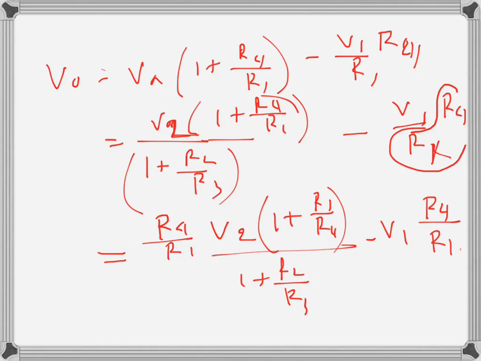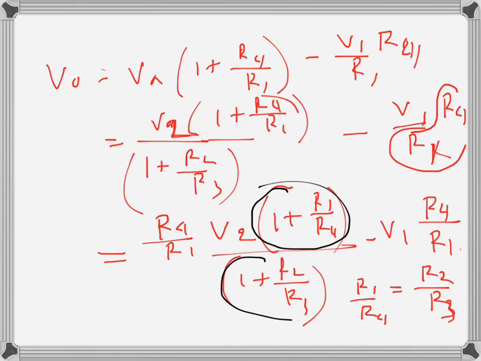Now if R1 over R4 is equal to R2 over R3, if we have that balance in the values of the resistances, then these two terms become the same, so they can be cancelled out.